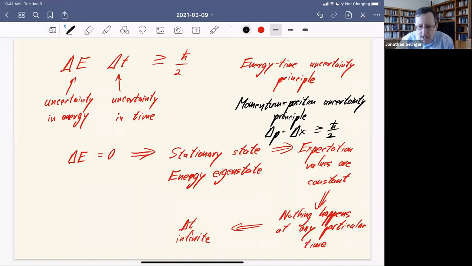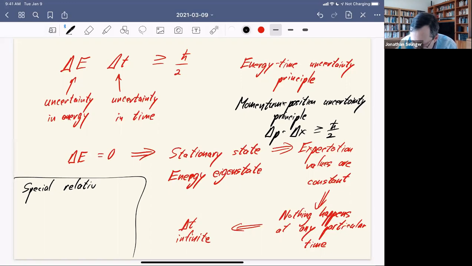And so you know that in special relativity you have, say, a 4 vector, which is energy and momentum, and you have another 4 vector, which is time and position.